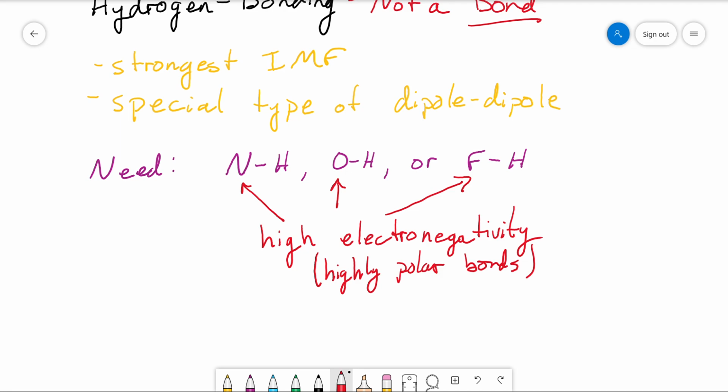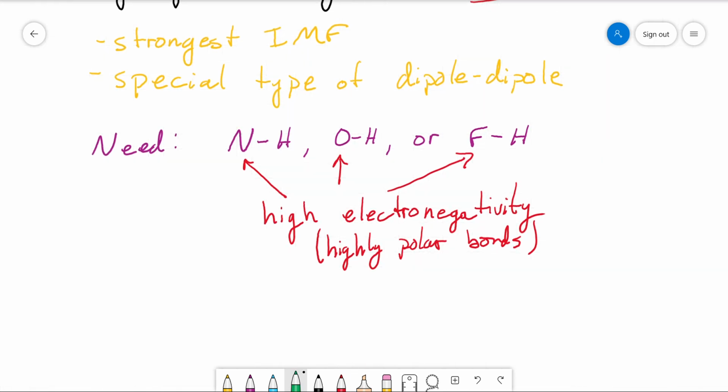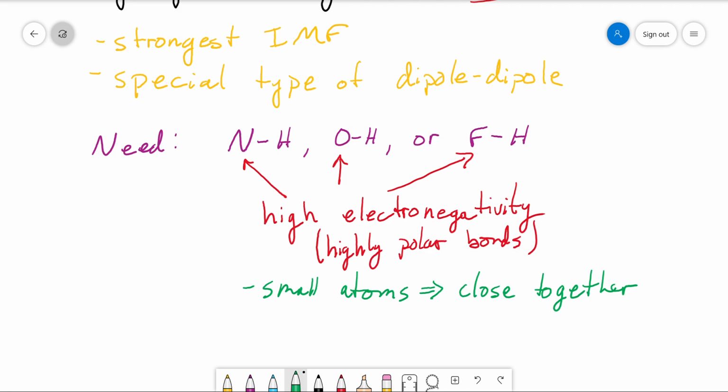And also, they're small atoms. Small atoms means that they can get close together. Well, what does that mean? Just think about two magnets.